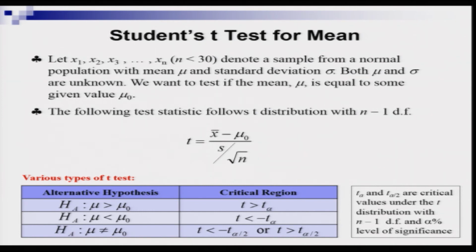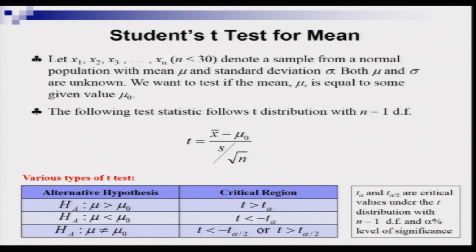To save time, I am not going to repeat why you see one particular critical region against one particular alternative hypothesis. Just try to link this with the discussion we had on the Z test, and it should be clear to you. Here T alpha and T alpha divided by 2 are basically the critical values under the T distribution with n minus 1 degrees of freedom and alpha level of significance.